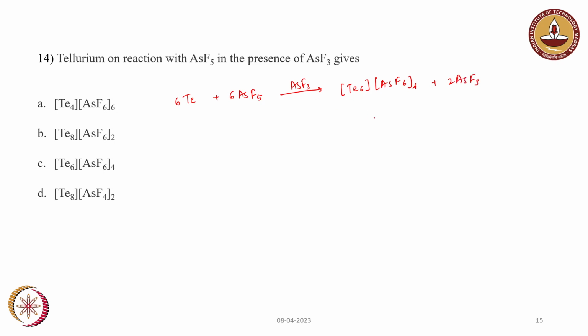So this is the method for synthesis of the Te6 4+ cation. So the answer is option C, Te6(AsF6)4.